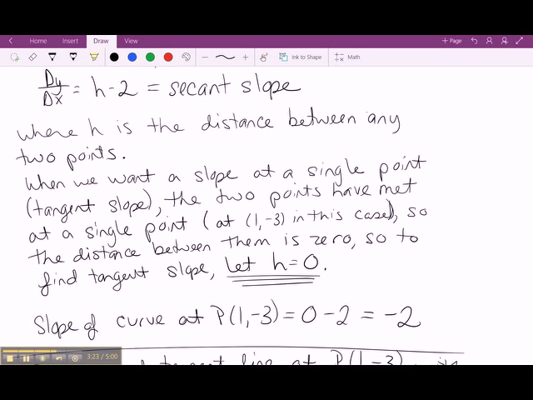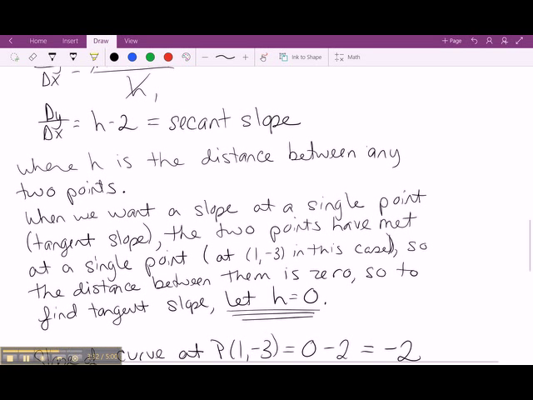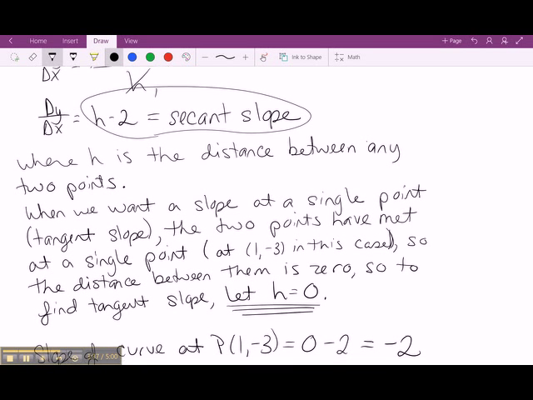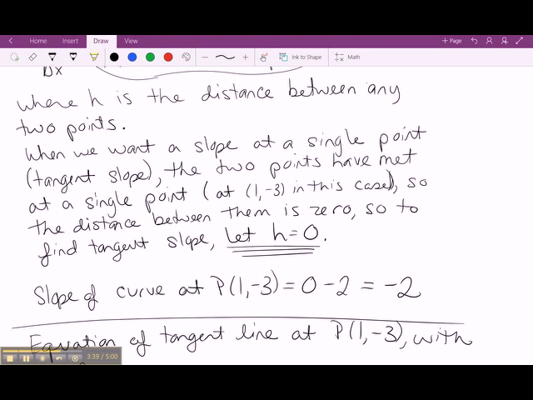So in this problem, we're working with the point 1, negative 3. And the distance between them is 0. So in order to turn the secant slope that we have here into a tangent slope, we want to let h be 0 because we're letting our 2 points, that distance, which is h, become 0.